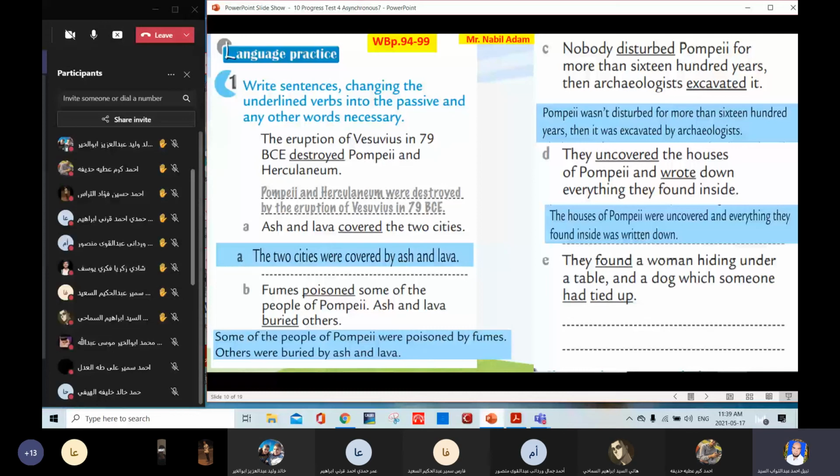A woman was found hiding under a table and a dog which had been tied up. Very good. Here, Shadi, you used been because this is past perfect. Had been tied up. So we delete someone and we put been between had and tied up. Thank you so much.